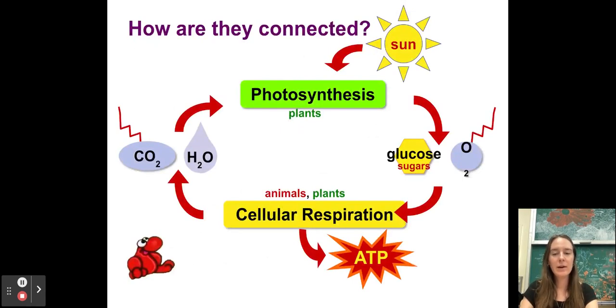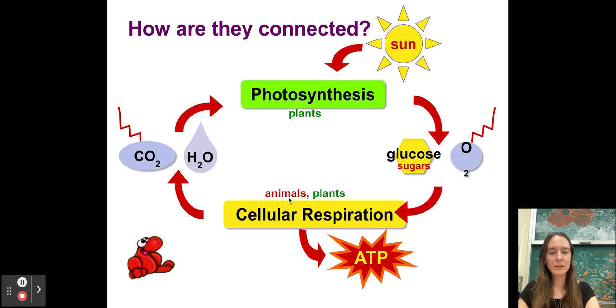All right, so again, how are these connected? Photosynthesis takes carbon dioxide and water, energy from the sun, and produces glucose and some oxygen as a byproduct. Then the plants themselves will take their own glucose and some oxygen from the air, and they will oxidize their glucose, pull off those hydrogens, those energy carrying molecules, those electrons, and create ATP that can be used in the cell.